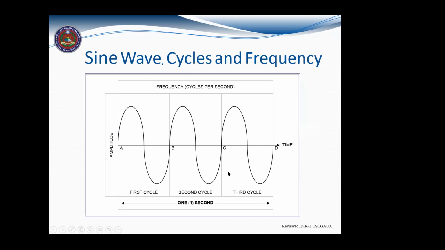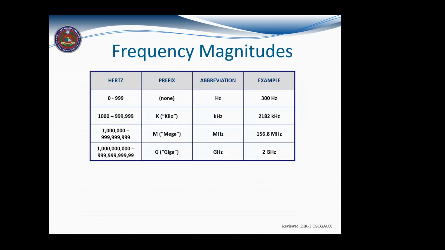In this particular example, they're pointing out that 3 complete cycles are completed in 1 second. So that gives you a frequency of 3 cycles per second or 3 hertz. Of course, for radio operations, it will be extremely faster and much more than you can visualize.